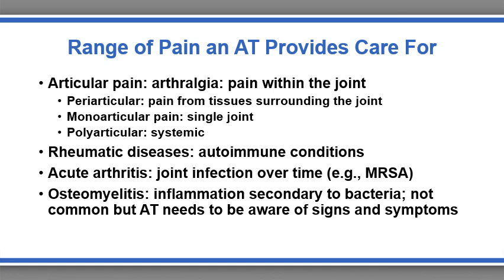Again, it's not a common thing. Usually it's going to be spread from infected tissue, so an open wound, particularly if there's an open fracture. That's one of the obvious big concerns when we talk about open fractures and why that has to be handled the way it is, to make sure that an individual does not get that infection in the bone.